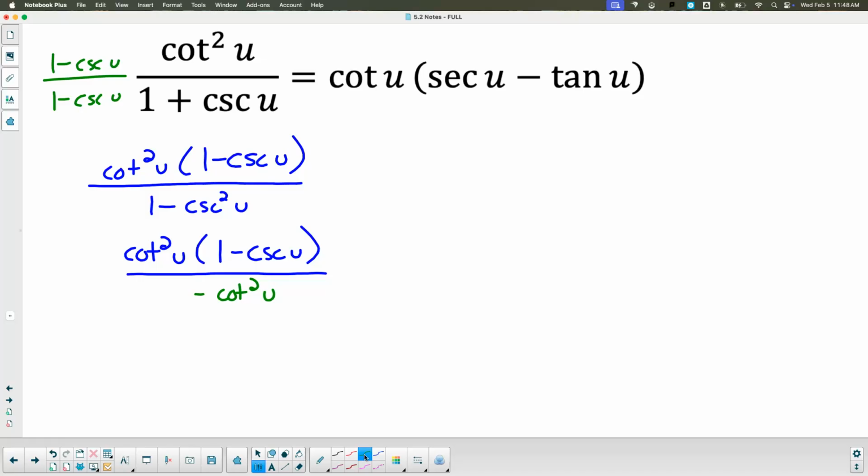Okay, now what? How about multiplying the top by negative 1 and then cross them all? Then I've changed the fraction. I can only multiply by 1. Do negative cotangent squared over negative cotangent squared, multiply that out to get rid of the denominator. So you distribute.